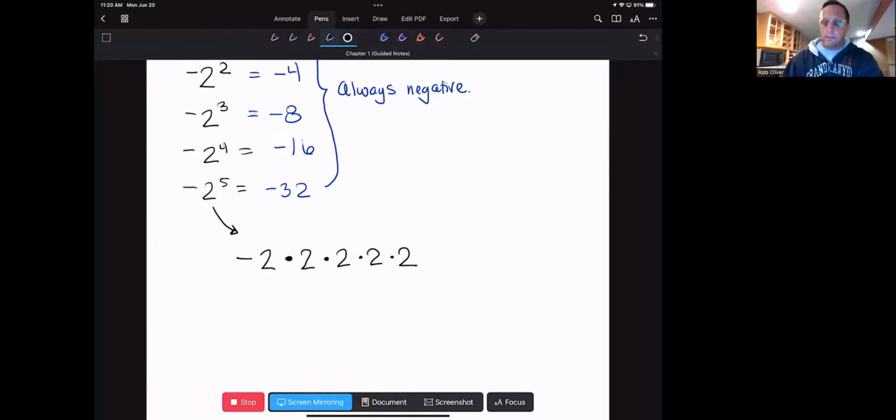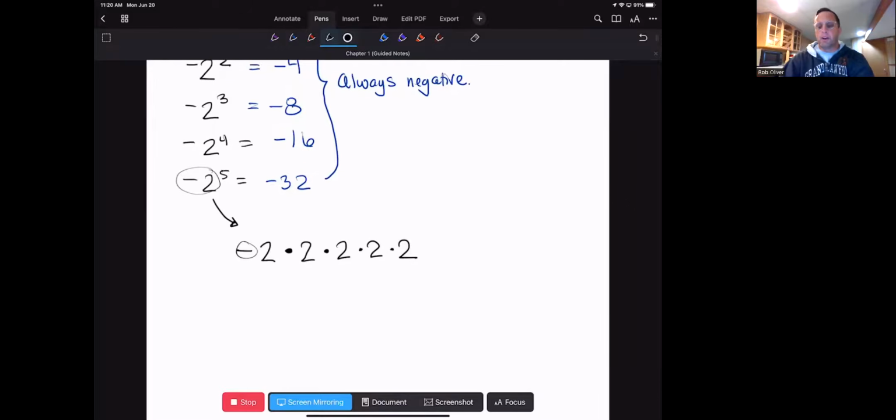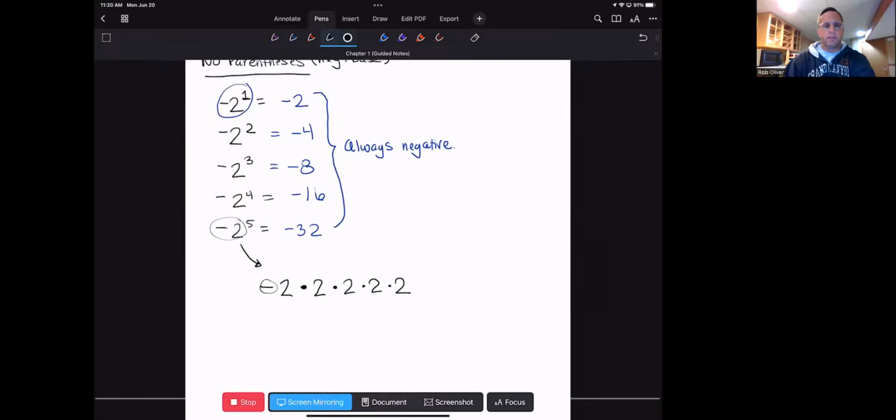That negative is just floating there. It's not really affected by the repeated multiplication. So that negative is going to stick on the answer. It doesn't have another negative to cancel itself off with. Another negative would make it positive, right? Multiplication wise. But a negative just there is going to make the whole answer negative.